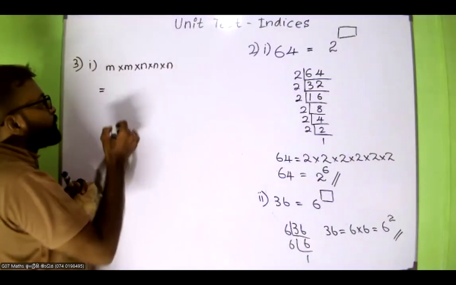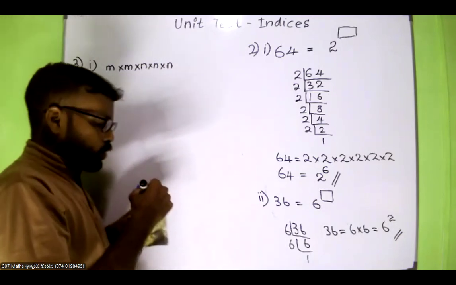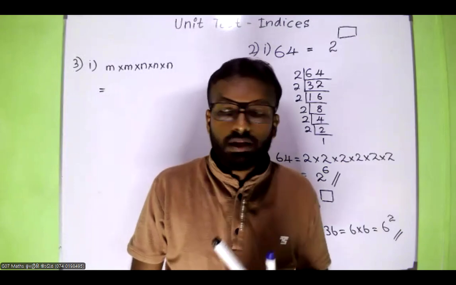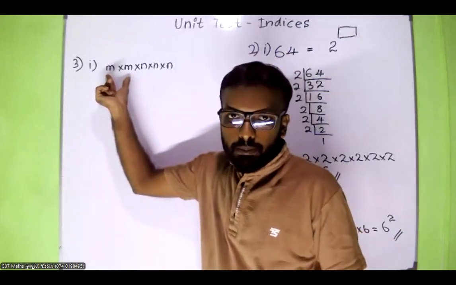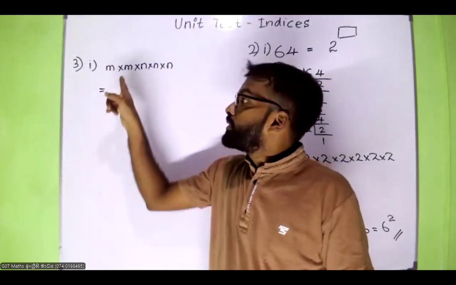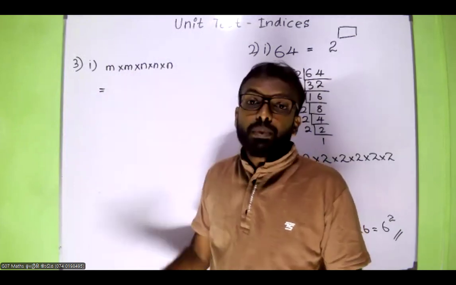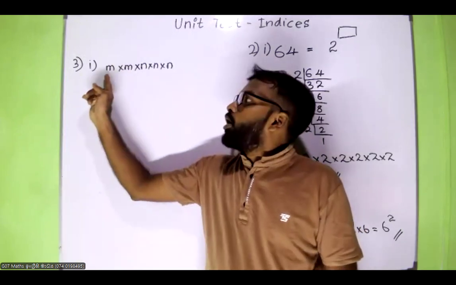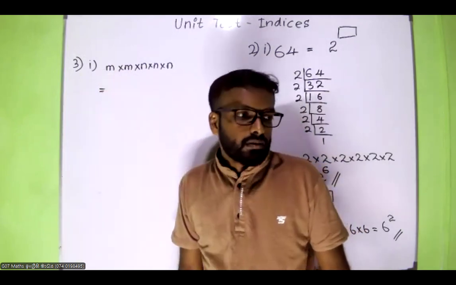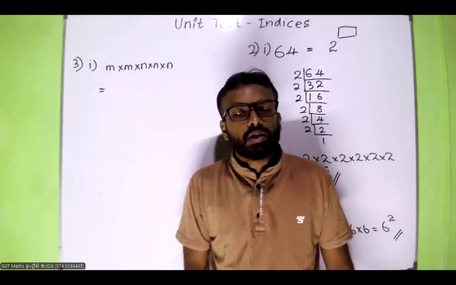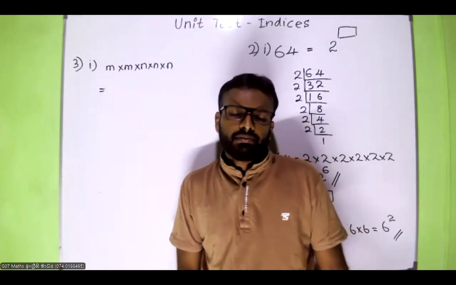Equal mark, there are 2 types of bases. The first type is M, the second type is N. Anusara, tell me how many times M has been repeated? 2 times. Okay, how do you write it?